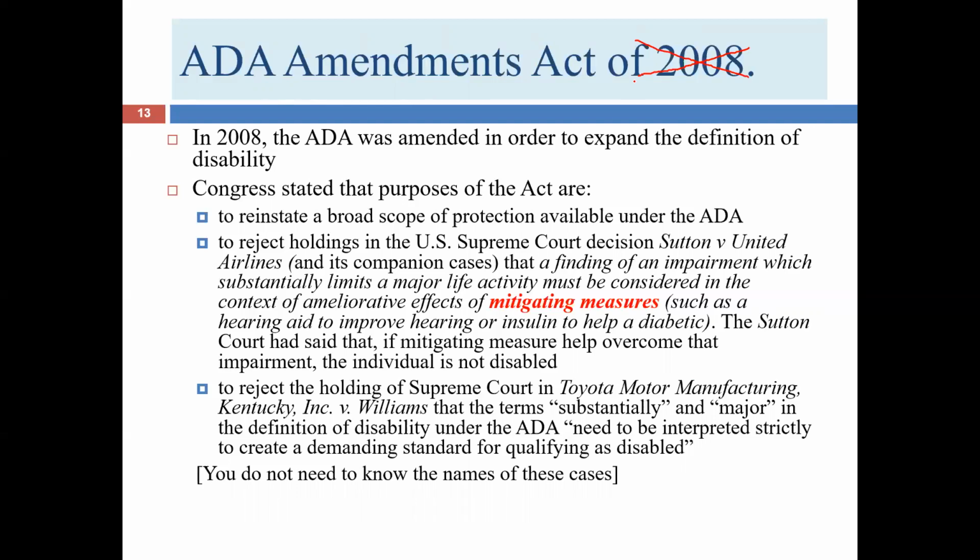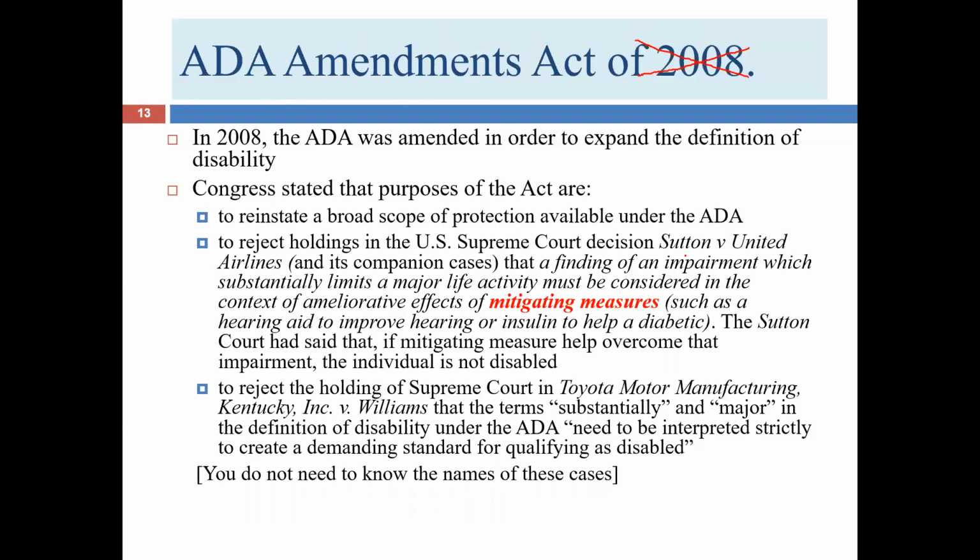What the U.S. Supreme Court did through a series of cases, and really it was two, I guess, Sutton and Toyota Motor Manufacturing, was to define the term disability in a rather narrow way, so that there were several kind of hurdles that a person had to cross in order to demonstrate that he or she was disabled.